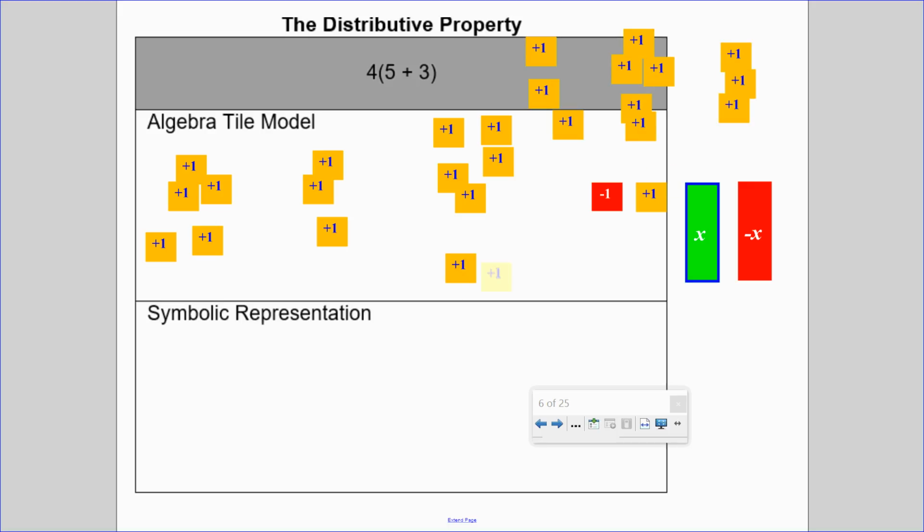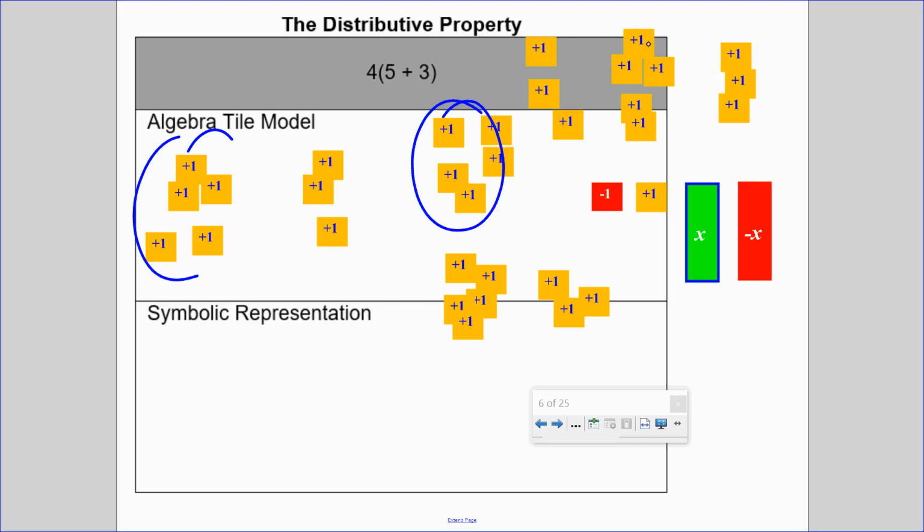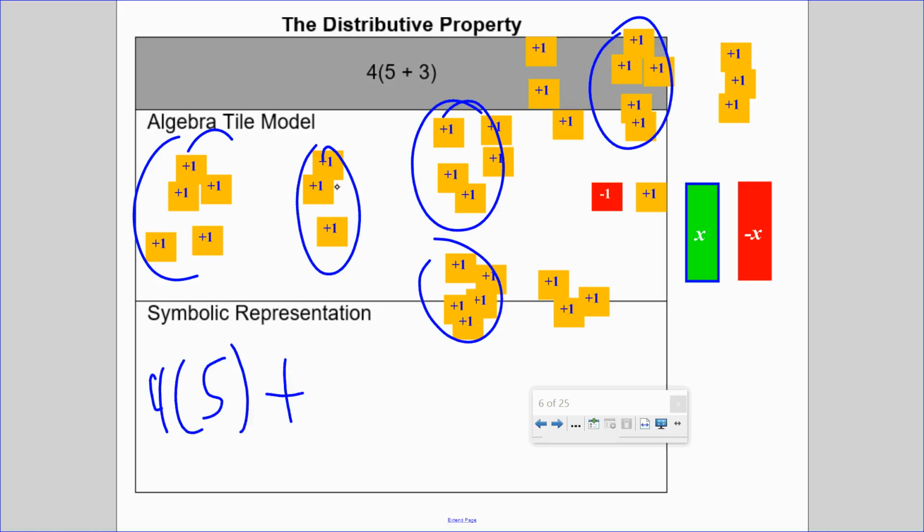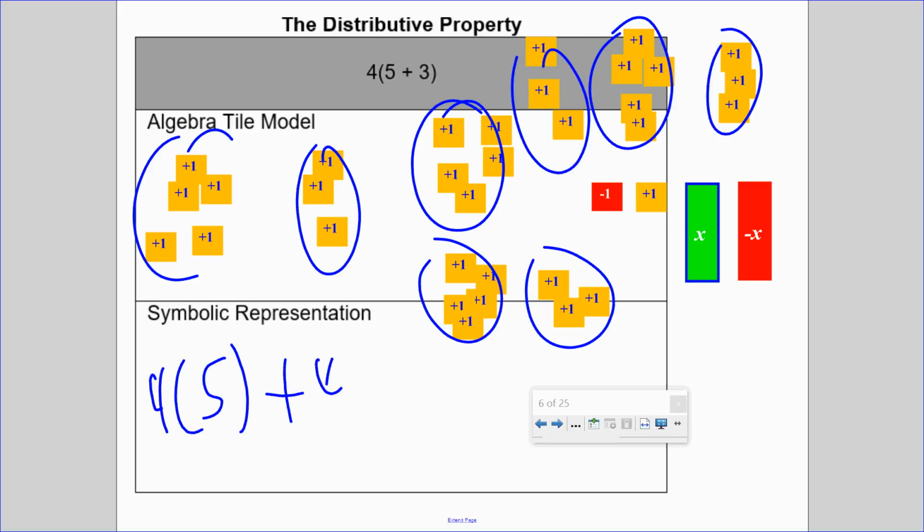And here's our last one, 5 plus 3. So I see 4 groups of 5 plus 4 groups of 3. 4 times 5 is 20, plus 4 times 3 is 12, so it adds up to 32.